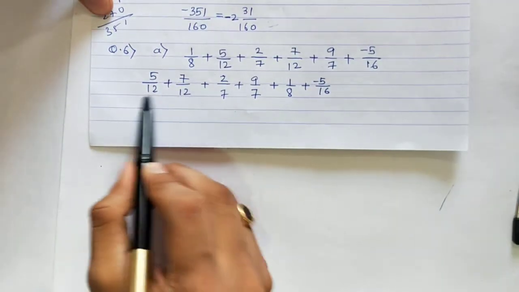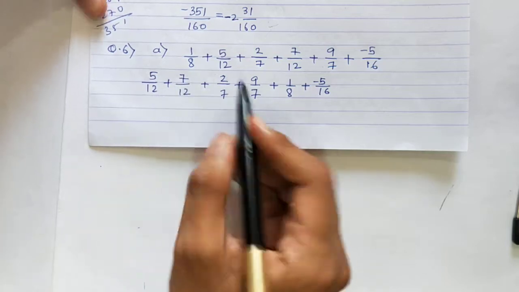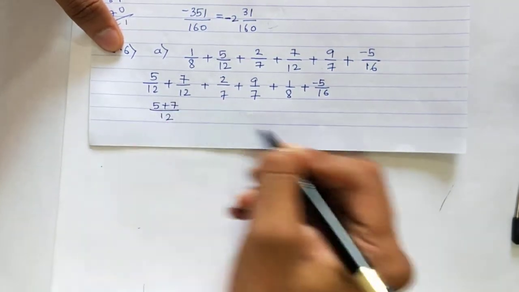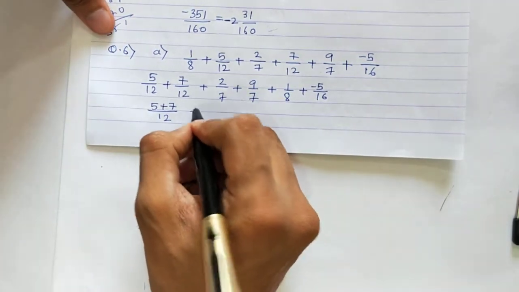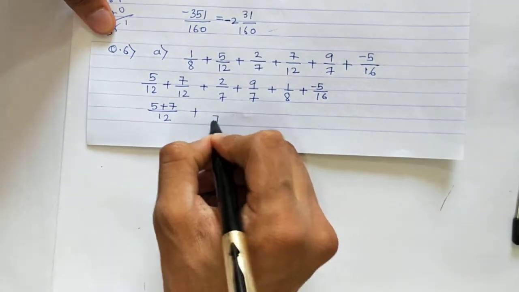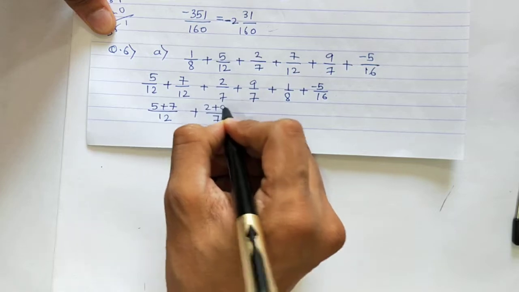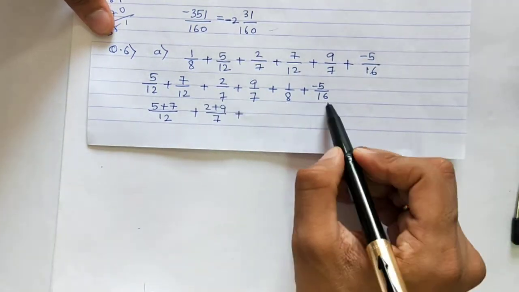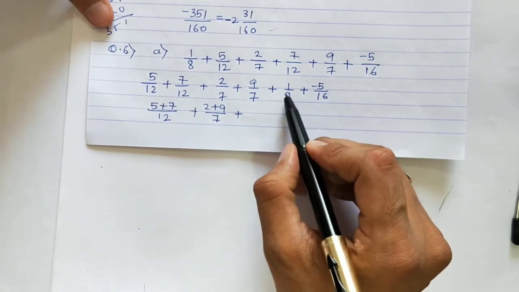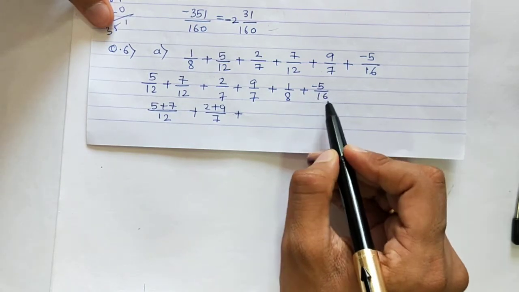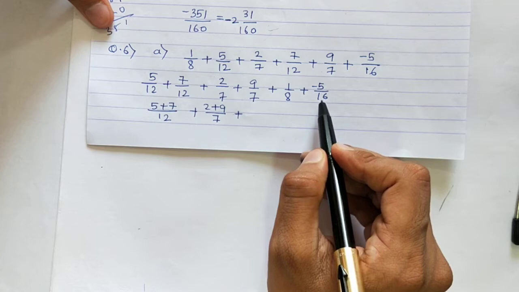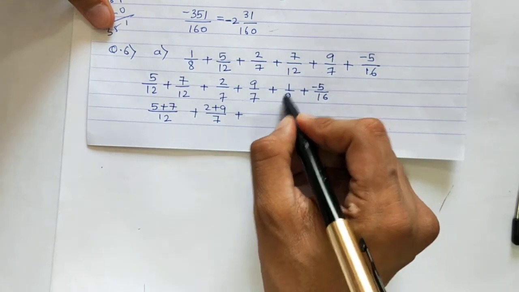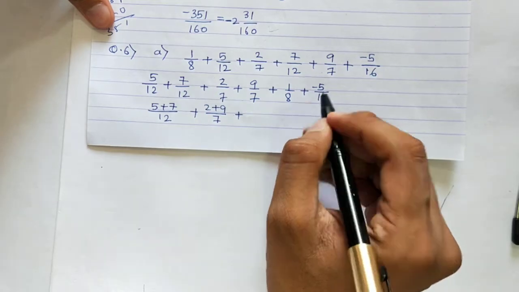So here the denominator is same, so I can add the numerators directly. I'll get 5 plus 7 upon 12 plus, even here the denominator is same, 2 plus 9 plus, here you see the denominator is 8 and 16. So the LCM here for 8 and 16 is 16. So we have to make this 8 into 16.